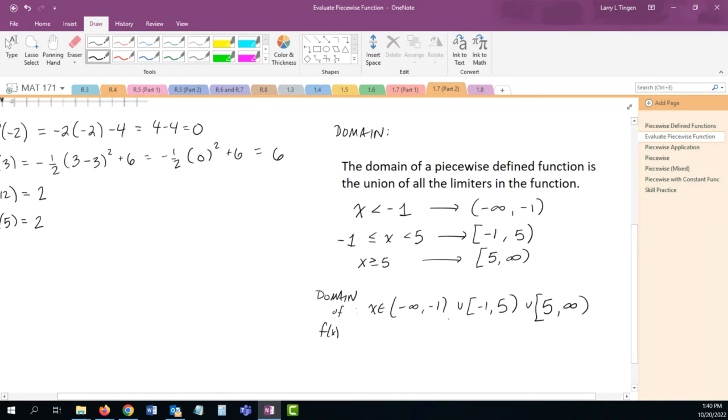Okay, so the first interval starts at negative infinity, goes up until -1. The next interval picks up at -1 and goes until 5.